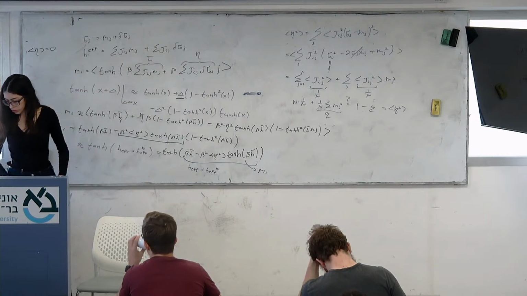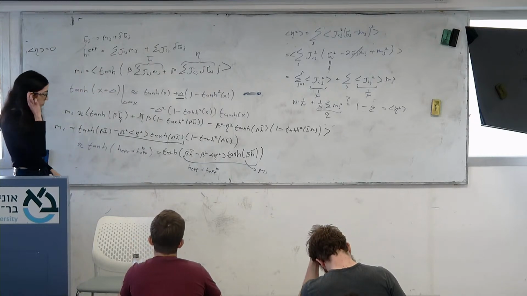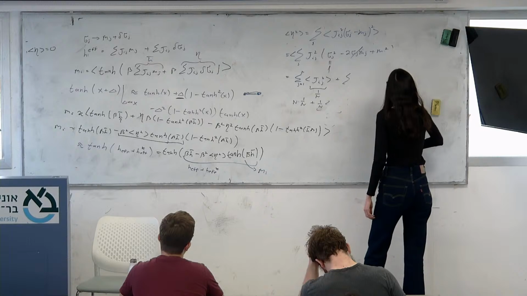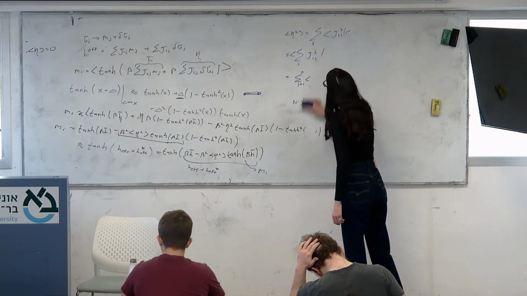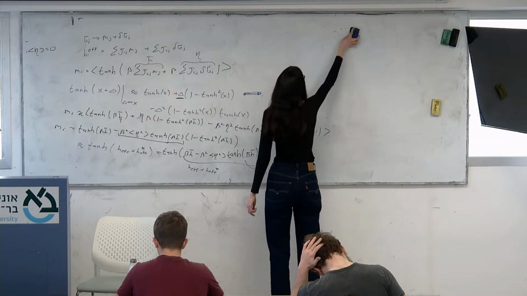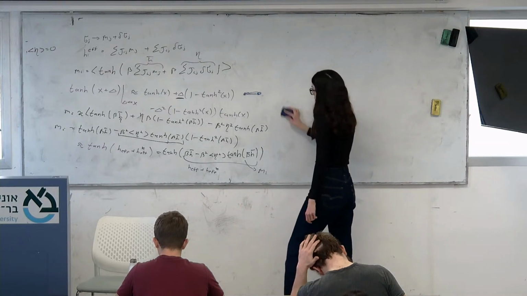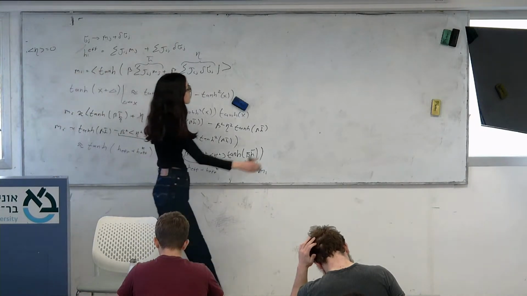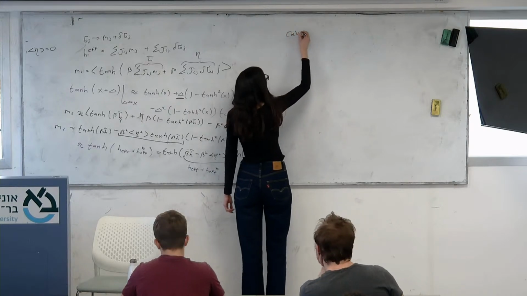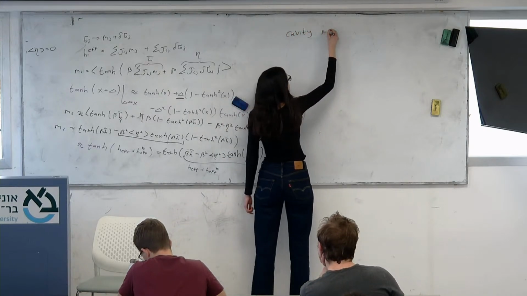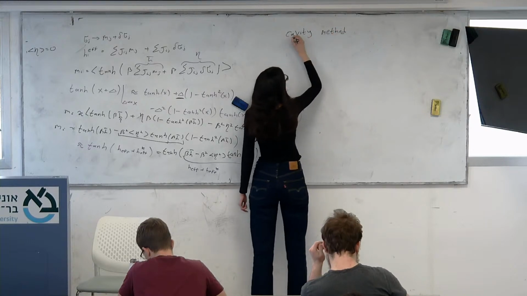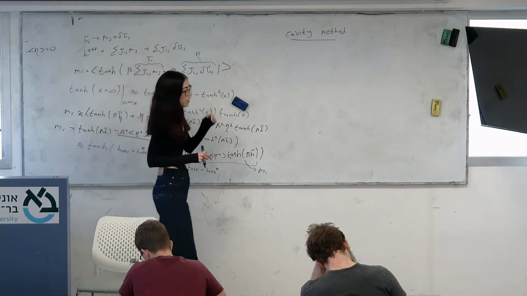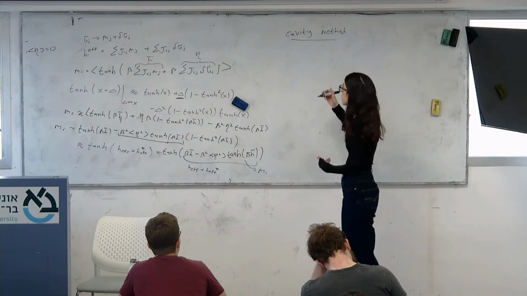Okay. So the cavity method. Basically what the method says is that it's too complicated to look at this effective field.